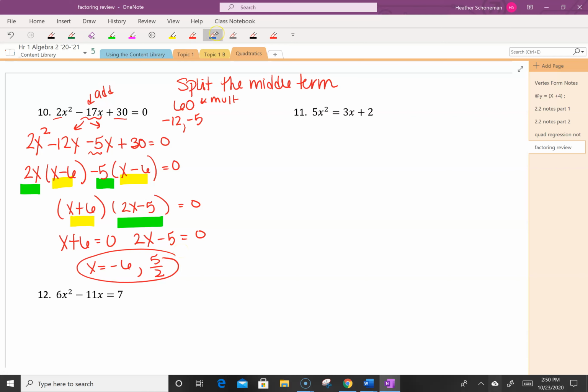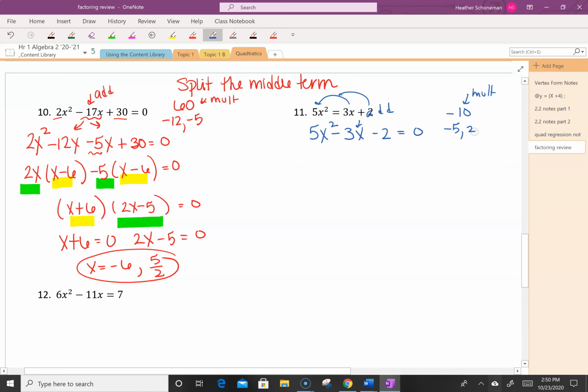All right, let's try this again. First, we got to set it equal to 0 and make the x squared positive. So both these have to move over. So the x squared stays here, and I get minus 3x and minus 2 equals 0. So now I'm going to split the middle term. 5 times negative 2 is negative 10. Two numbers that multiply to negative 10 and add to negative 3 would be negative 5 and positive 2.